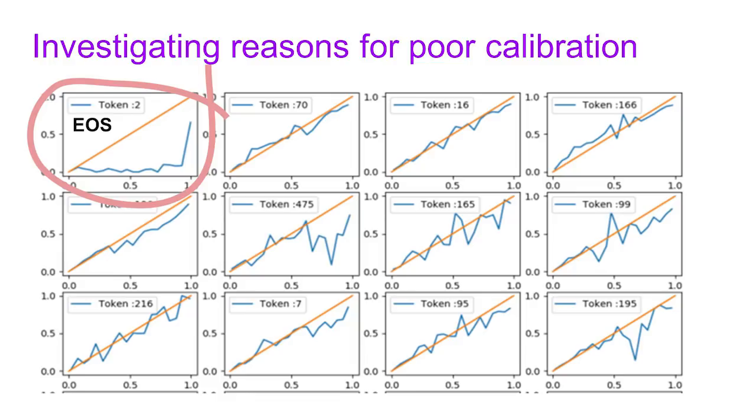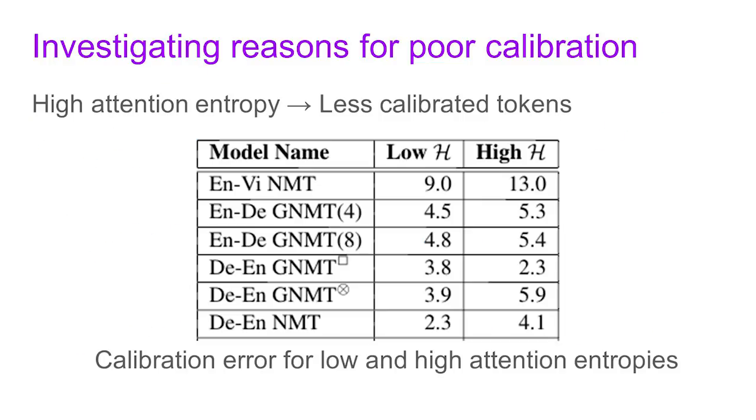So that is one of the things which we were able to explain by looking at the calibration plots. And the second reason again has to do with what I was talking about in the first part of my talk, which is the attention variable not being given its correct role as a first class citizen in this joint modeling of attention and output.